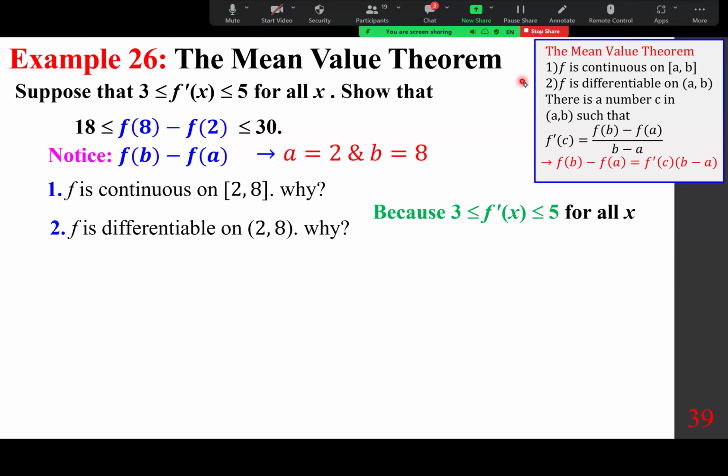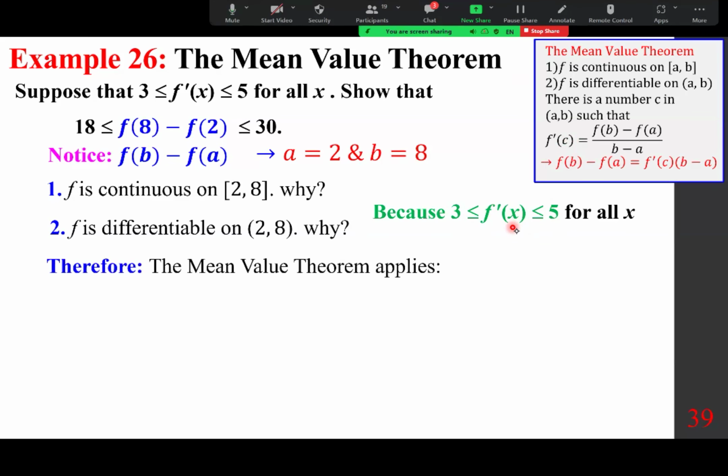So now we are going to go with the mean value theorem. We also know that f prime is between 3 and 5. That means f prime of any number c is between these two. So we are given that, right?